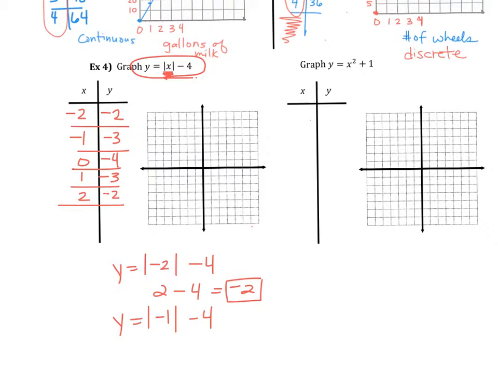So if I plot those, I end up with this graph. -2, -2. -1, -3. 0, -4. 1, -3. And 2, -2.